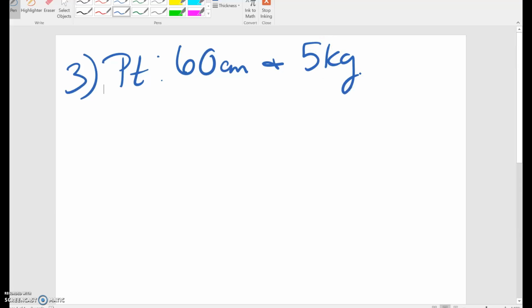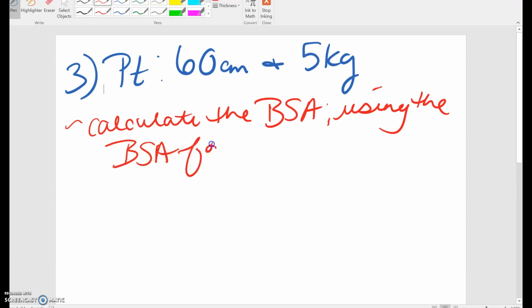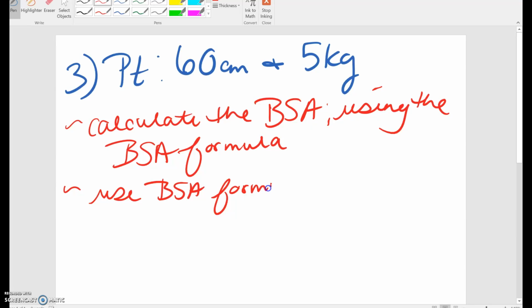You're going to calculate the body surface area using the body surface area formula. In this case, you're going to use body surface area formula number 1.